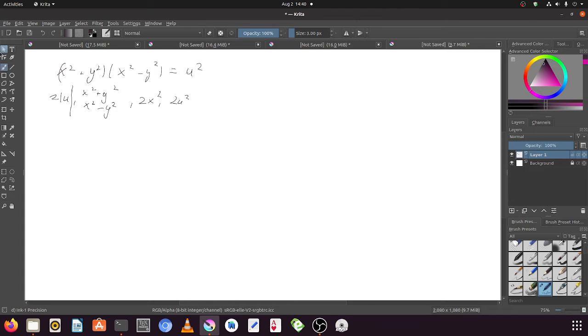We could probably have done that with the first exercise as well. Then 4 divides this, and that means 2 divides x and u and y, of course. That's impossible.